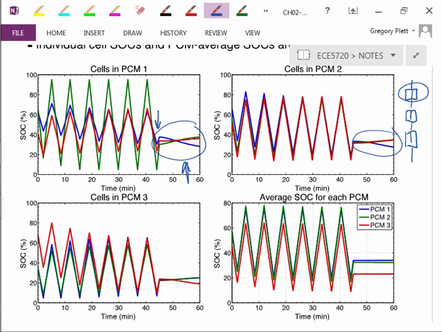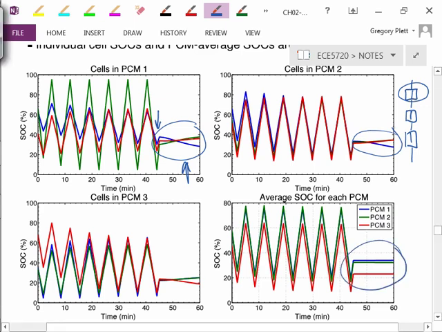But when the pack is allowed to rest, the average state of charge in each one of these modules remains absolutely constant. Even though some individually are going up and some are going down, the average is constant. And furthermore, the state of charge of PCM number 1 is not converging to PCM number 2 and not converging to PCM number 3.